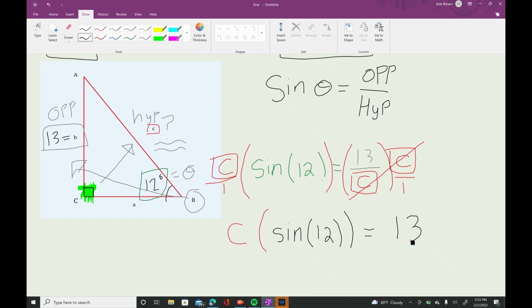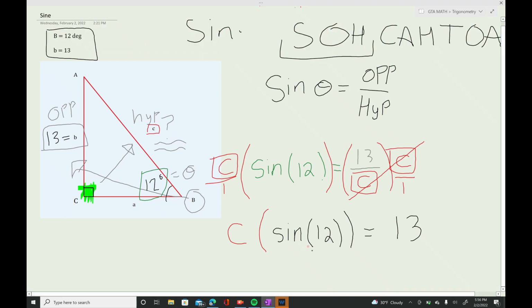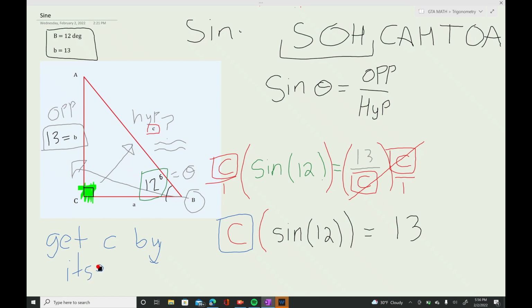And now we have to actually divide sine of 12 degrees to the other side so we can get this C by itself. That's what our goal is. Get C by itself. So I'm going to divide sine of 12.